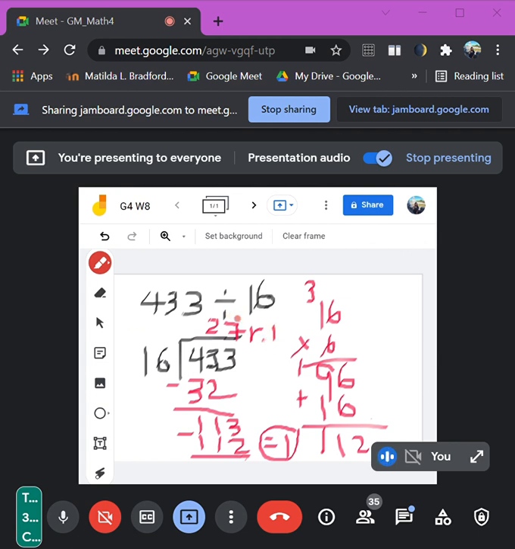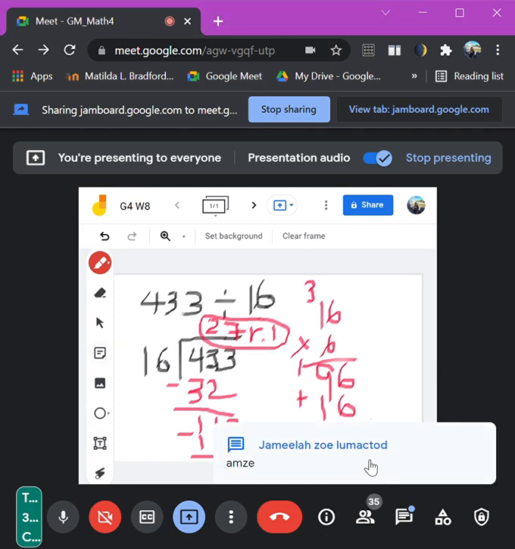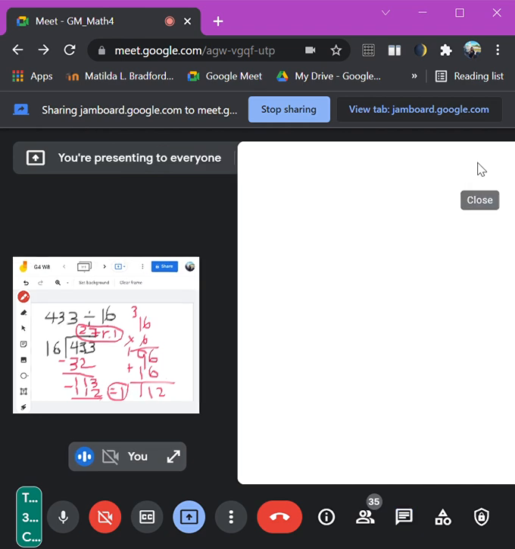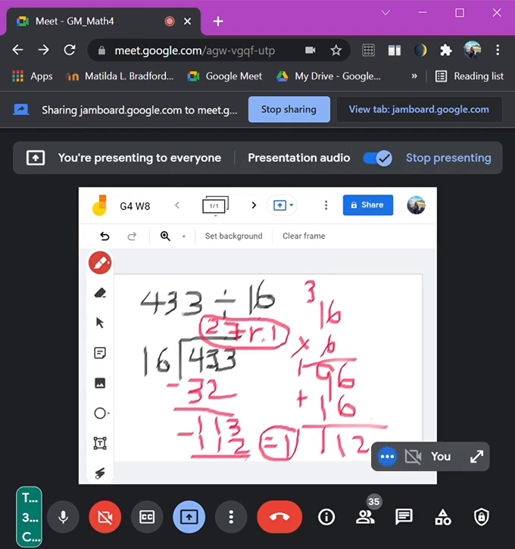So your final answer would be 27 remainder 1. Okay, that is the process if we are going to divide numbers with 2 to 3 digit divisors. Any questions?